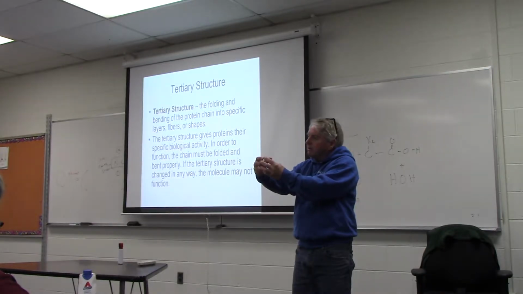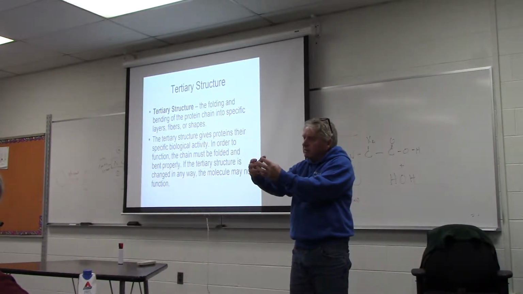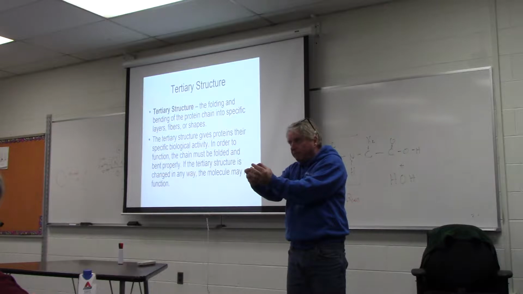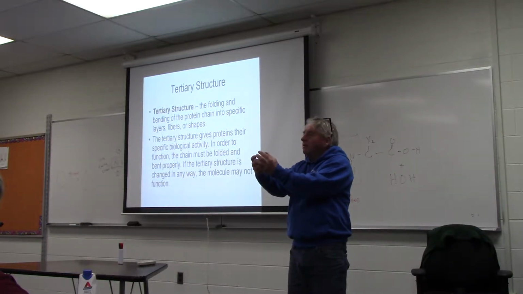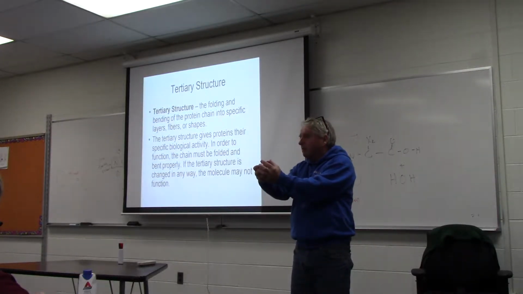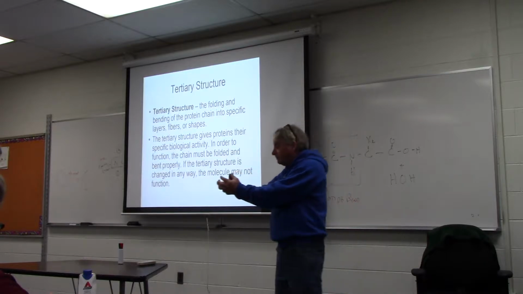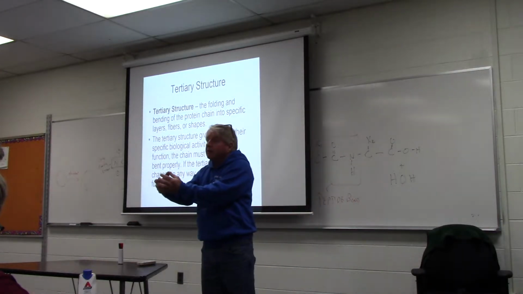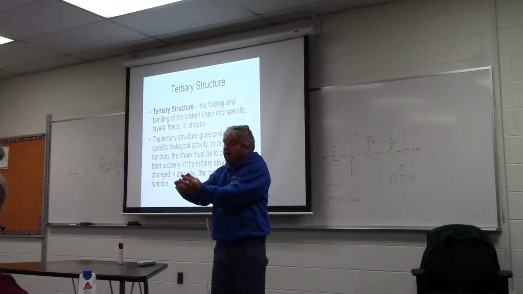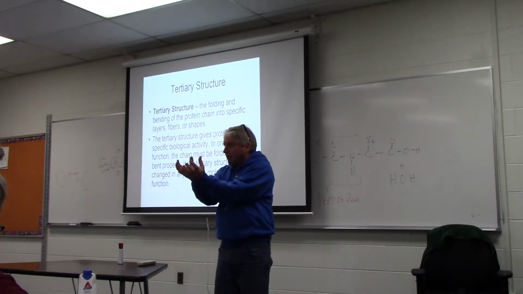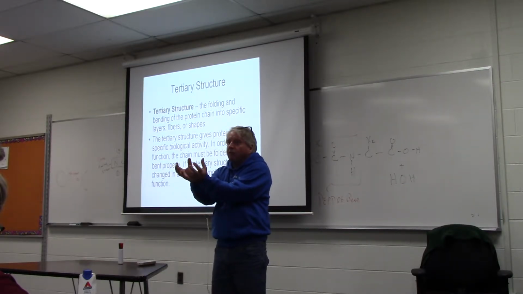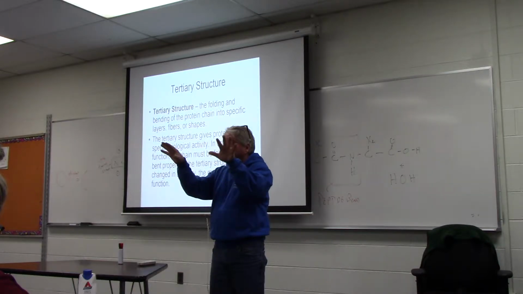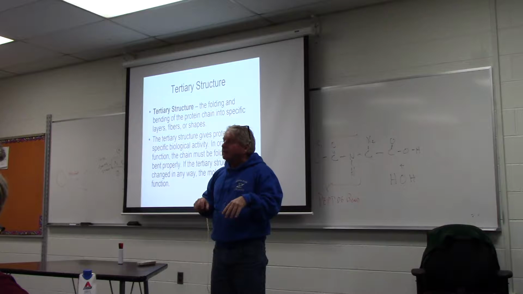Just like I said before, they go to the core, and they start forming London dispersion forces. So inside the core of a protein is mostly London dispersion forces, holding together the abundant non-polar amino acids. Then on the outside will be polar amino acids that are interacting with water through dipole-dipole interactions.